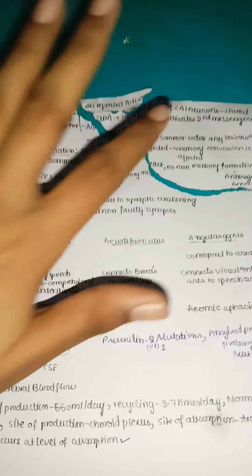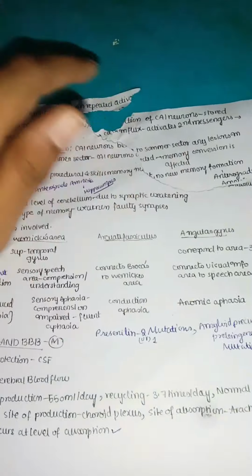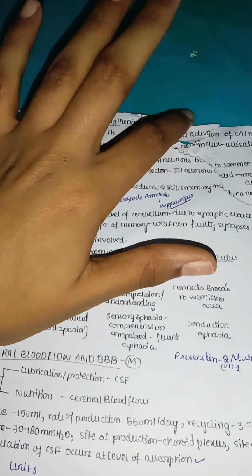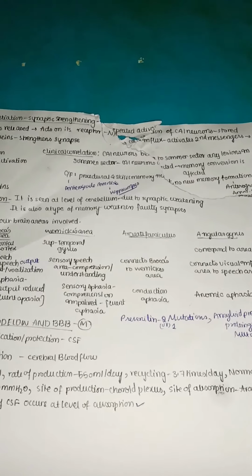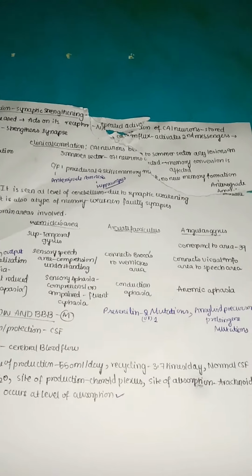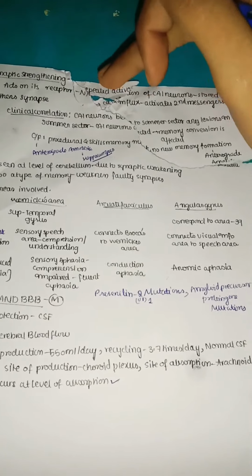Now let us see about long-term potentiation. Long-term potentiation is nothing but synaptic strengthening. If you want to remember anything for a long time, then you should have synaptic strengthening.